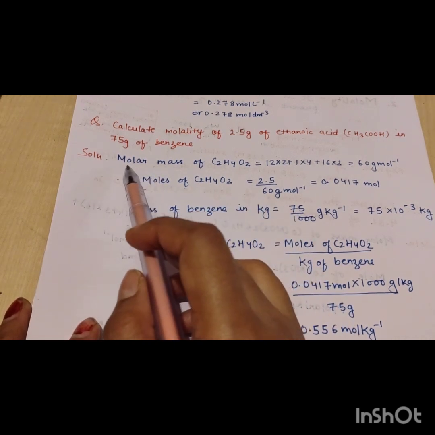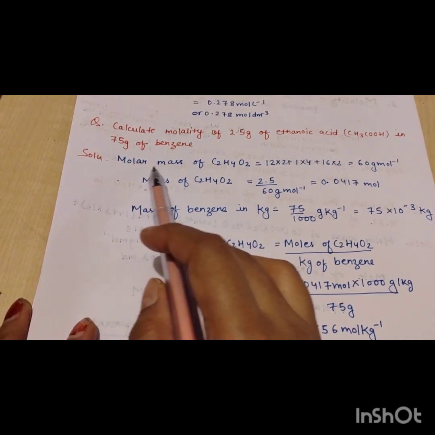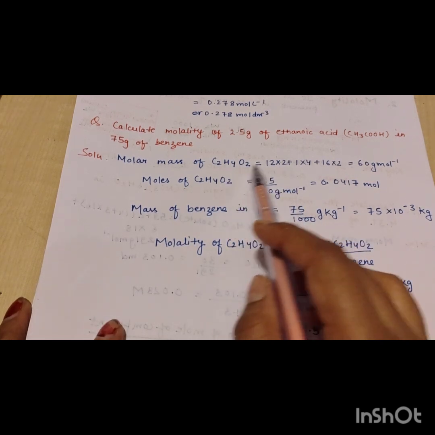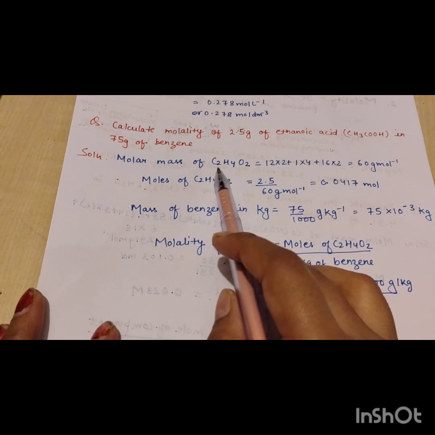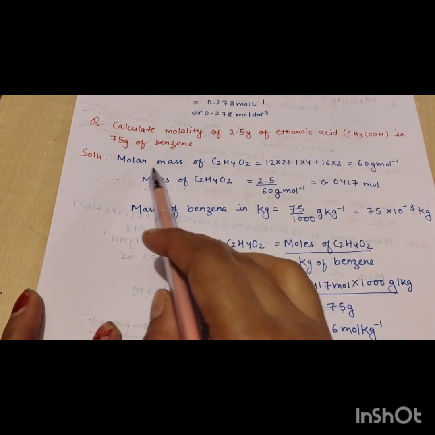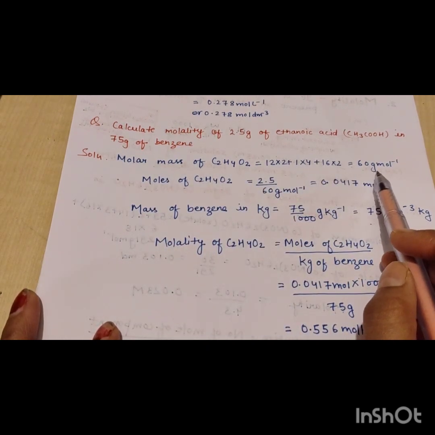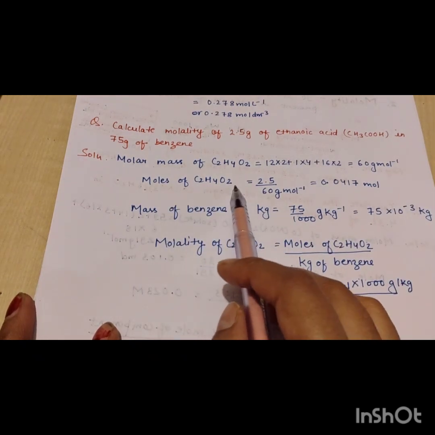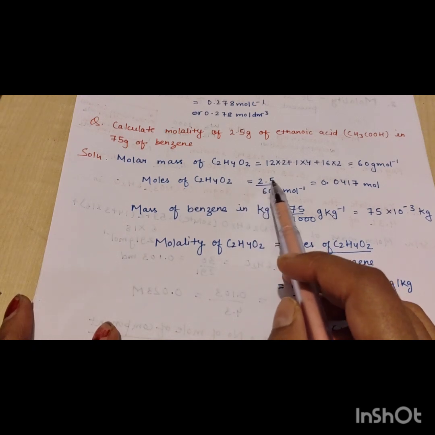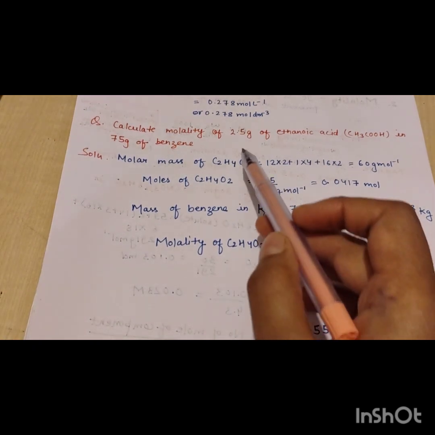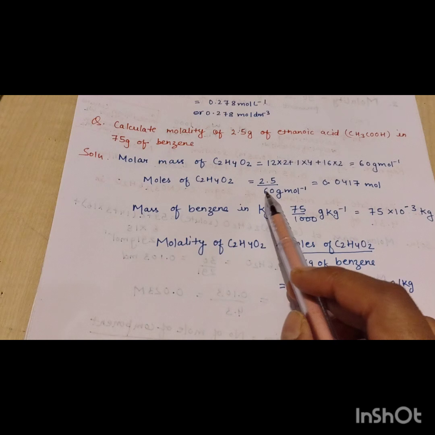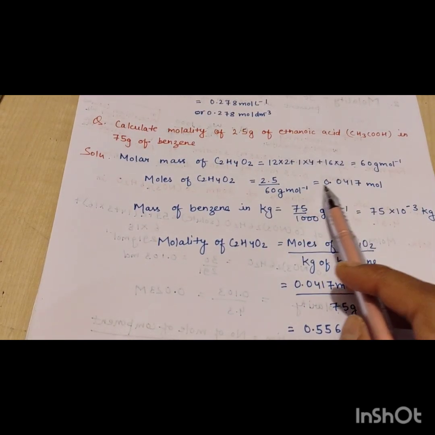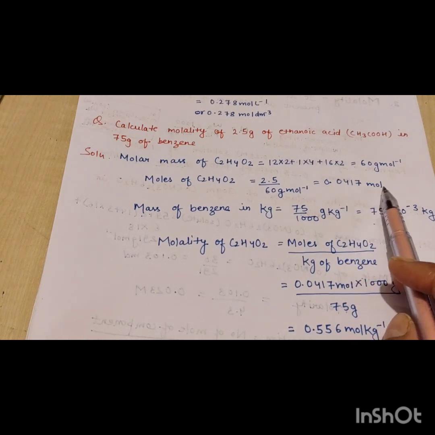Proceeding to the solution, the molar mass of ethanoic acid, C2H4O2, is 60 gram per mole. The moles of ethanoic acid are 2.5 gram given, divided by 60 gram per mole, which is 0.0417 mole.